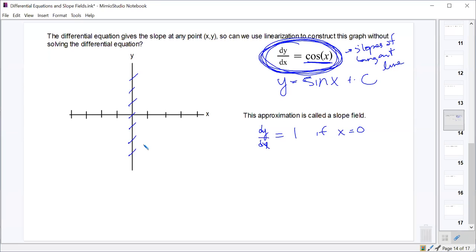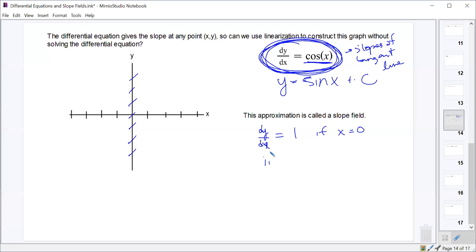If yours are just slightly off, not perfectly exactly 1, that's fine. We just want it to be pretty close. Good? Okay, and like I said, the y values don't matter. Anywhere where x is 0, the slope should be 1.